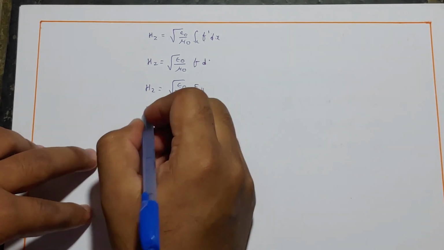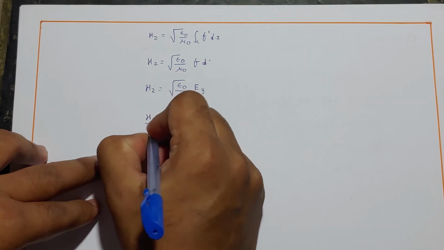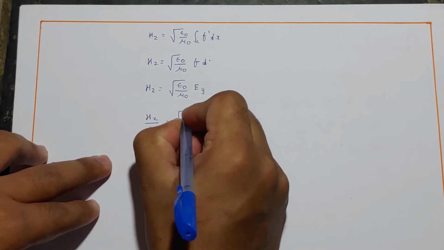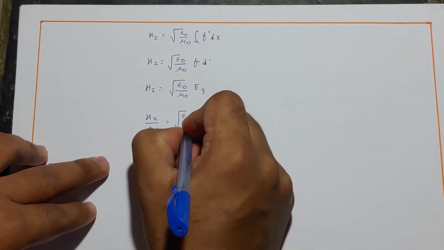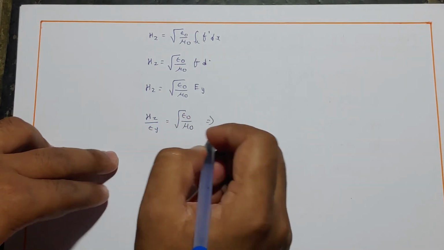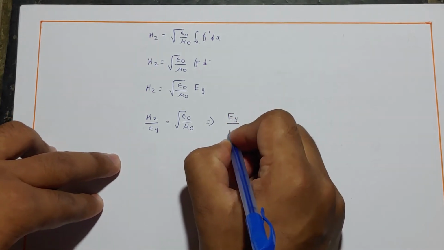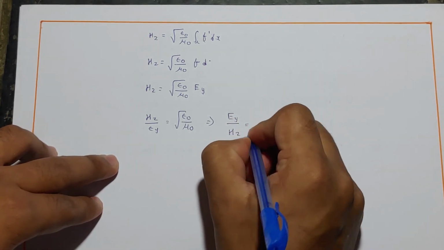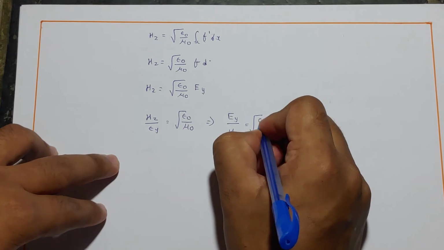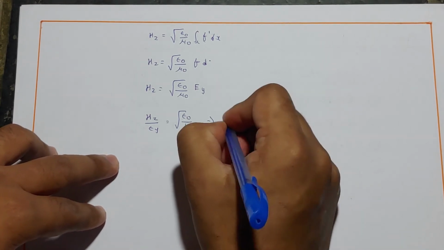Let us take the Ey term in this diagram, that is Hz by Ey is equal to square root of epsilon naught by mu naught. As we need E by H condition, so reverse the equation, that is Ey by Hz is equal to square root of mu naught by epsilon naught.